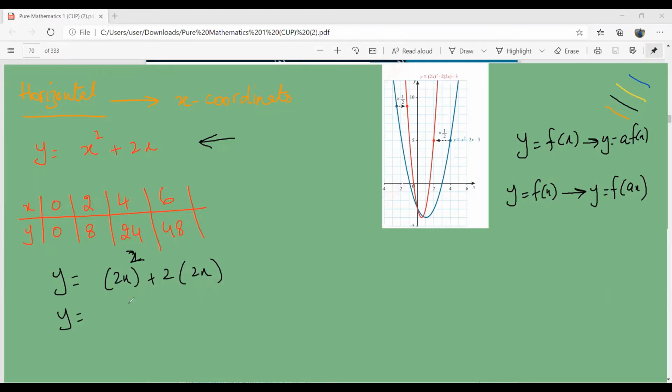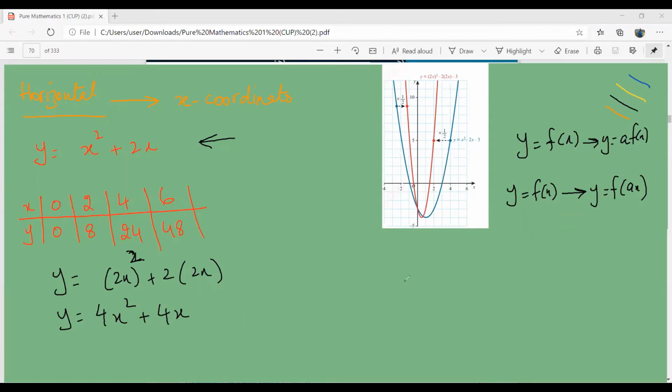Now, this equation becomes y is equal to 4x squared plus 4x. Now, you must be using your calculators.